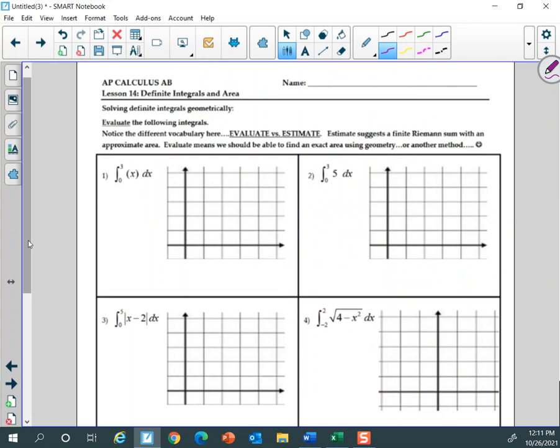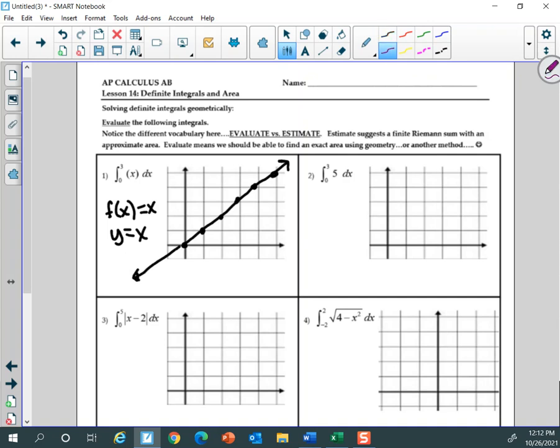And we're going to create some graphs here to help us think through these problems. So my first problem is the integral from 0 to 3 of x dx. My function is f of x equals x, or y equals x, which if I graph, looks something like this and extends like that.